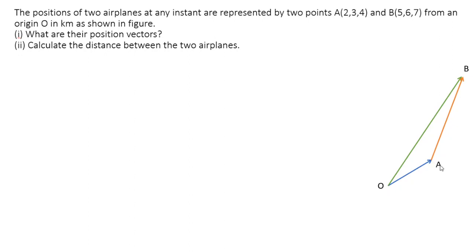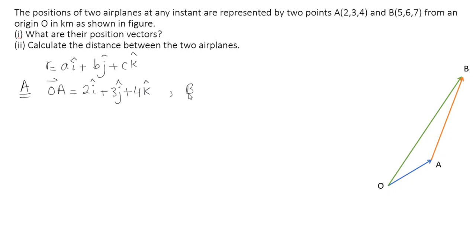If I write the position vector in general form, it is AI plus BJ plus CK. This is the general form. So for the first airplane A, the position vector OA is given by the points 2I plus 3J plus 4K.